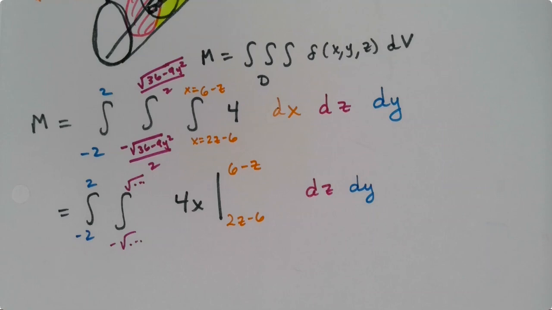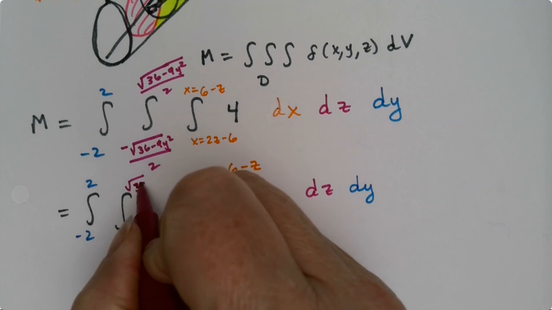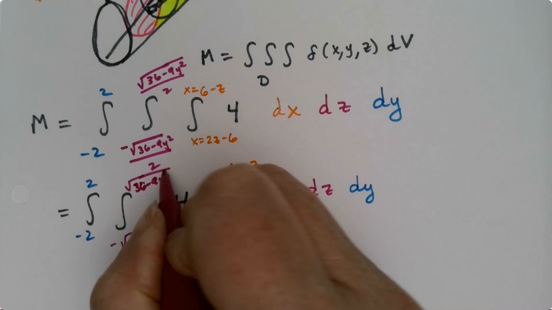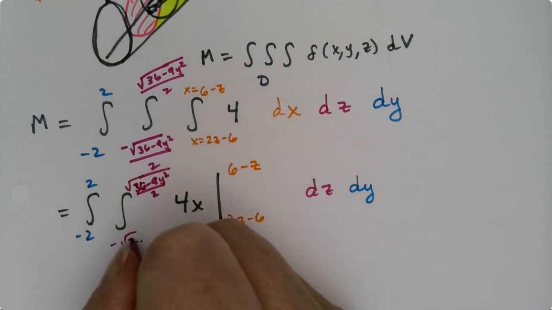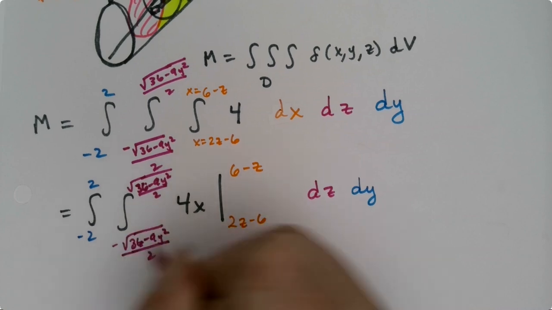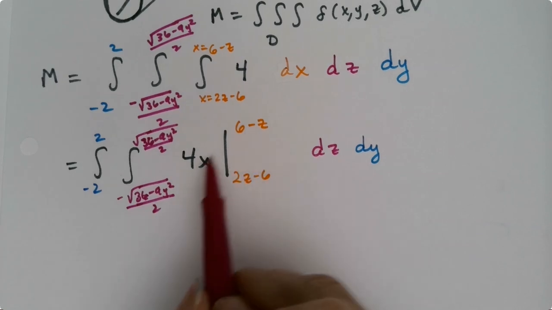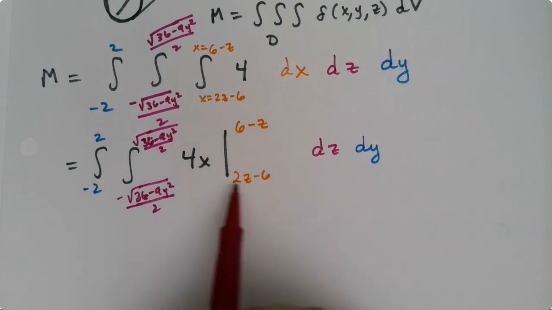All right, so then we're going to have another, well, I shouldn't do this. All right, I'm writing it. 36 minus 9y squared over 2, negative 36 minus 9y squared over 2. All right. Ugh. All right, so now I'm going to put 6 minus z in here and 2z minus 6.